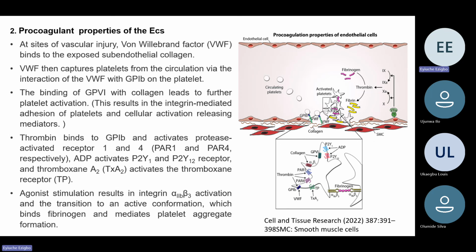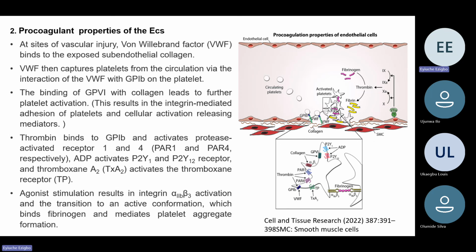So during vascular damage, the subendothelial cells are exposed, and the collagen there is exposed, and collagen also promotes and activates platelets. By implication, when the subendothelial cells are exposed, the collagen is exposed and platelets are activated.